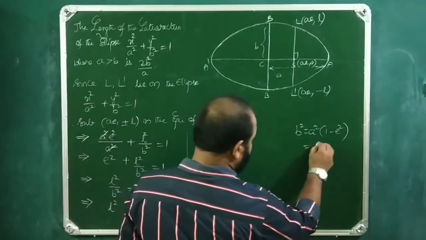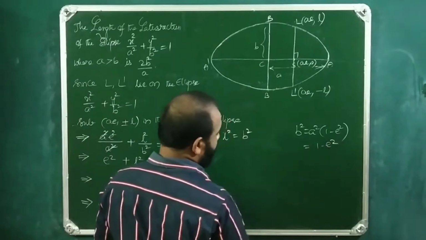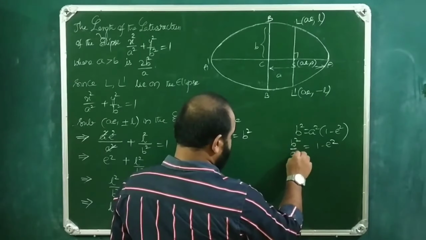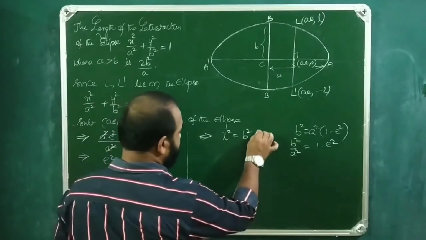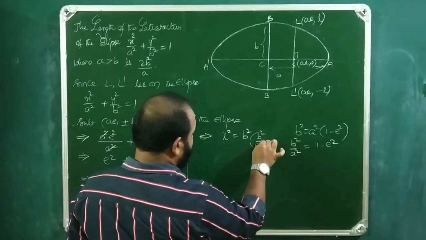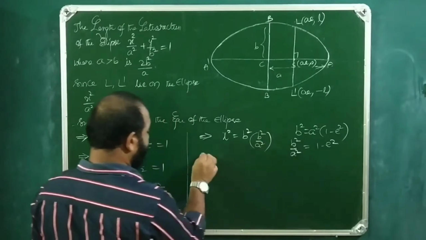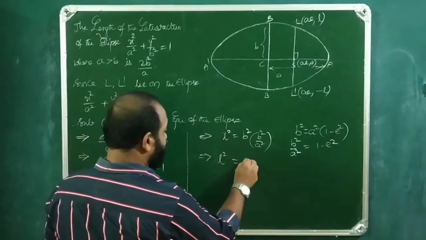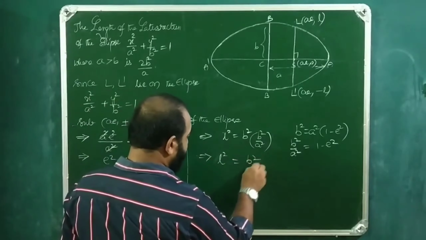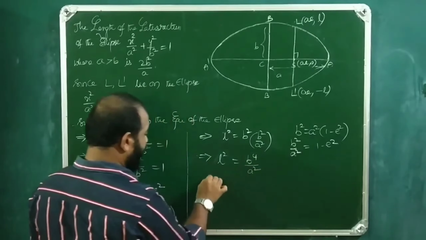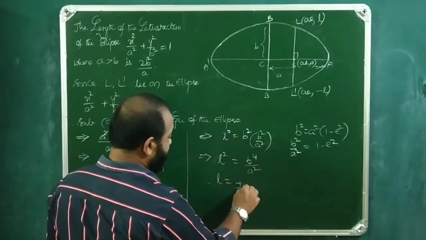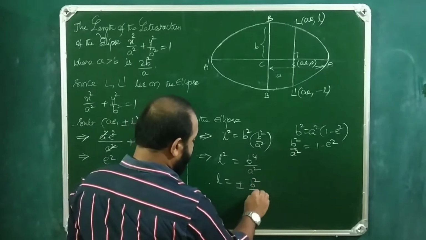So 1 minus e square is equal to b square by a square. Therefore, this 1 minus e square can be written as b square by a square. So l square is equal to b square by b power 4 by a square. Therefore l is equal to plus or minus b square by a.